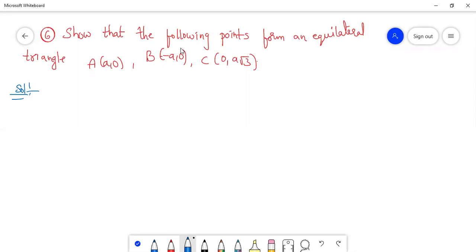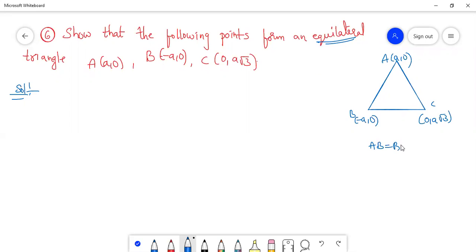Sixth one, show that the following points form an equilateral triangle. The vertices of the triangle are A is (a, 0), B is (minus a, 0), C is (0, a root 3). Here we can prove that it is an equilateral triangle by showing that AB side is equal to BC side is equal to CA side.